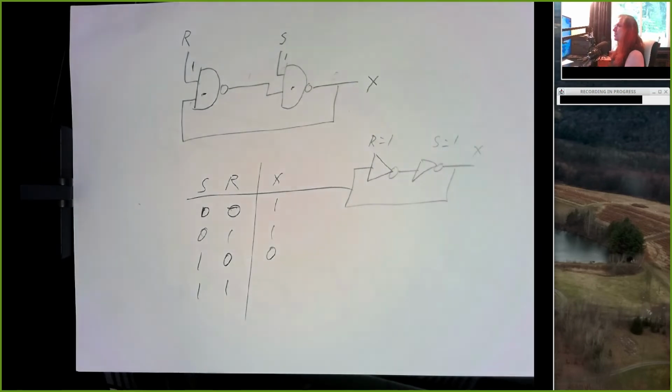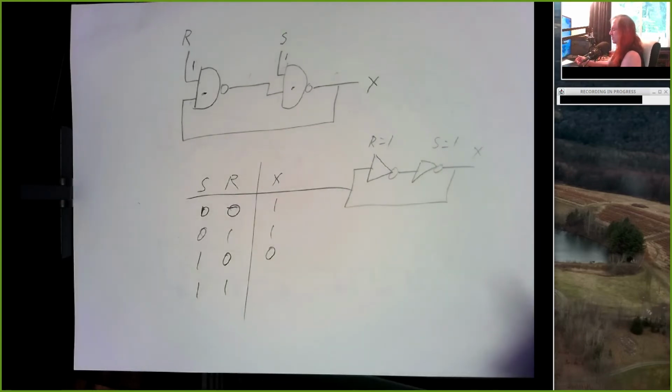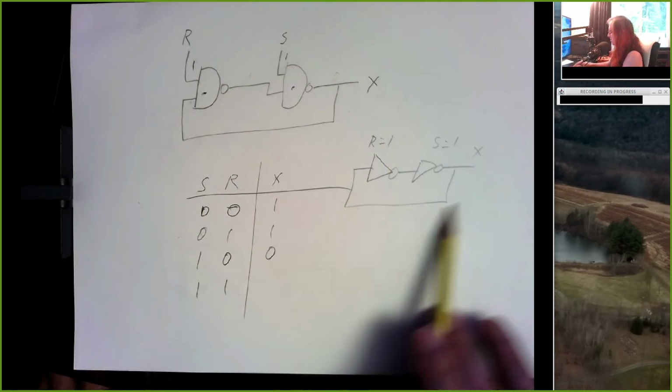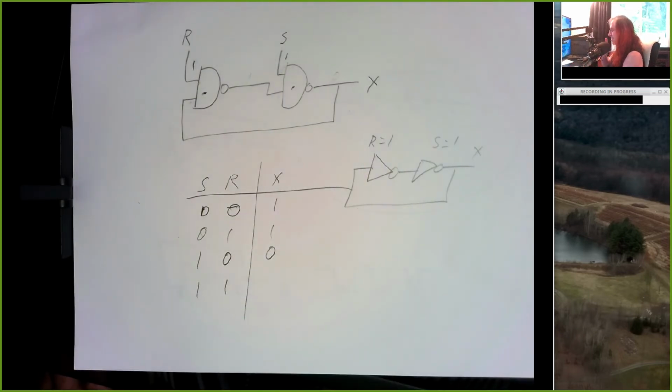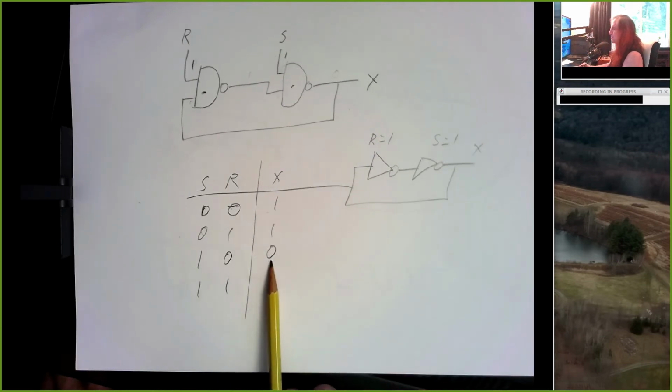We're back to our pair of inverters. And whatever the current value of X is, that's the value that will be in X forever. So by putting both of these inputs to 1, we can make this thing look like a pair of inverters, but we have the ability to temporarily force the output either high or low.